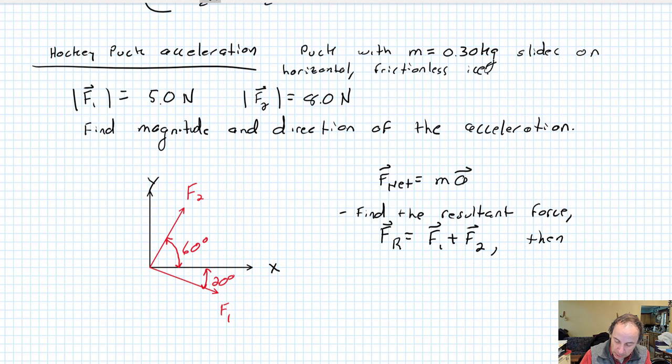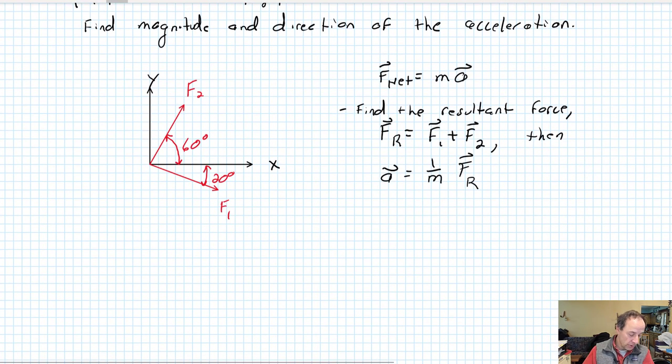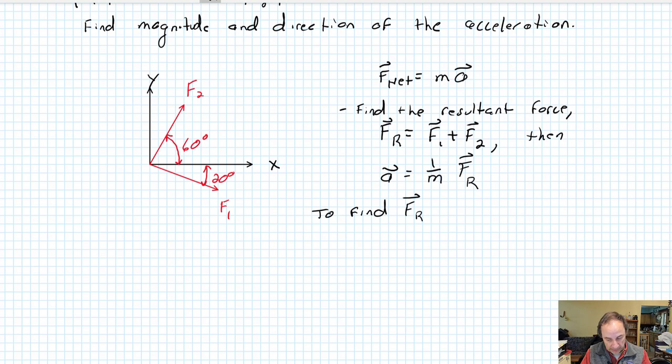Then the acceleration is just 1 over m times the resultant force. Okay, so how are we going to find that resultant force? This is our standard procedure for a problem like this: you're going to first break each force acting on the body into x and y components.